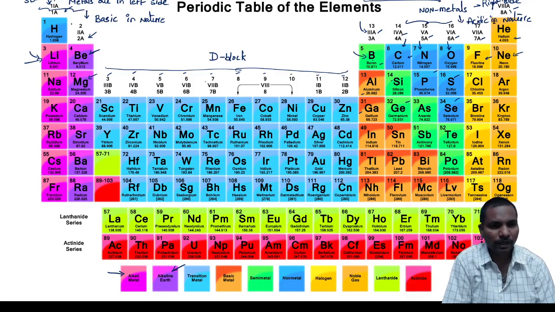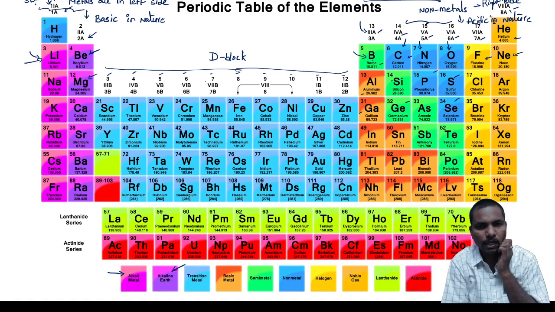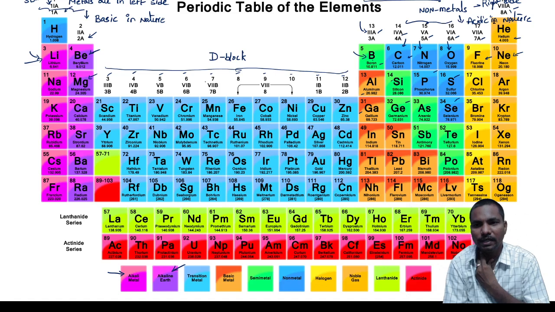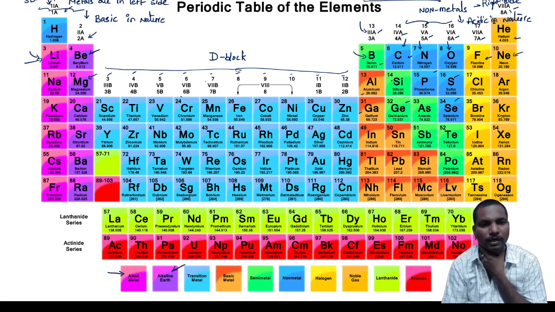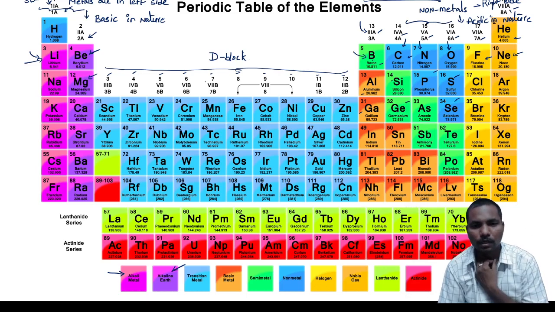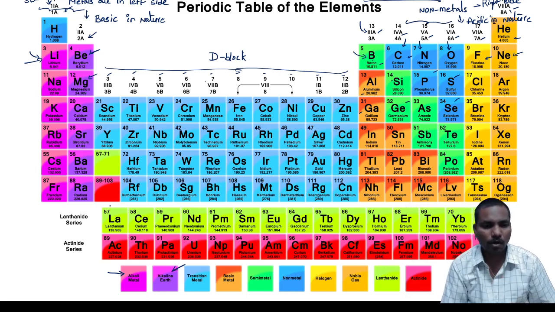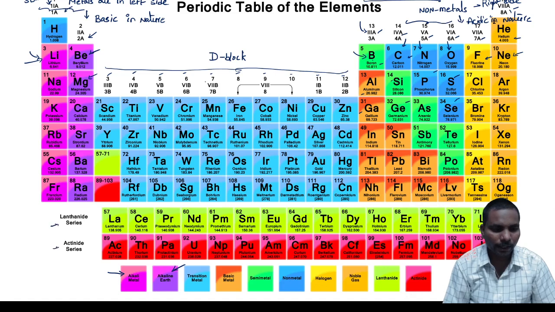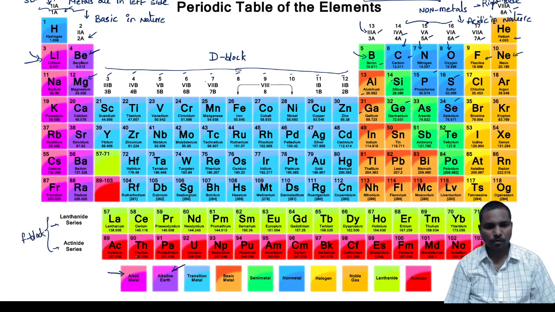First, groups 1A and 2A belong to S block, and 3A, 4A, 5A, 6A, 7A, 8A belong to P block. And 3B, 4B, 5B, 6B like that, that means 3 to 12, belong to D block. And the remaining lanthanoid and actinide series belong to F block.